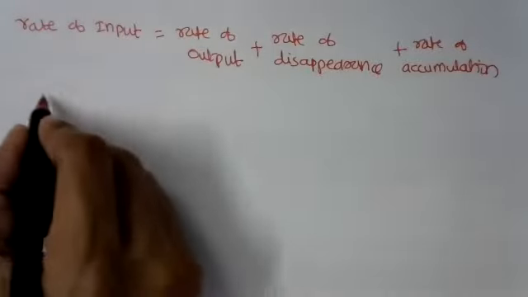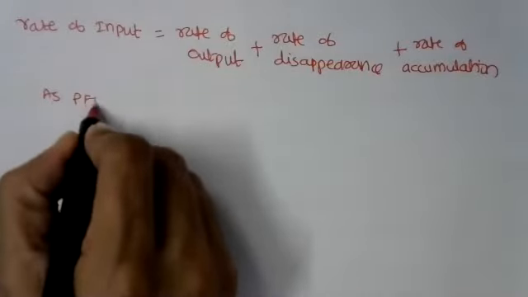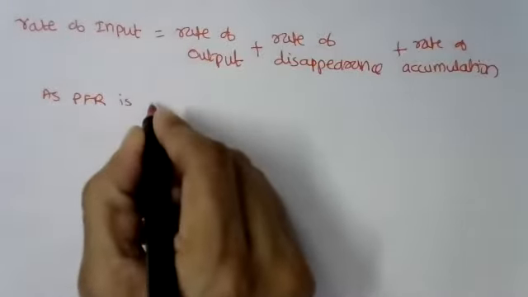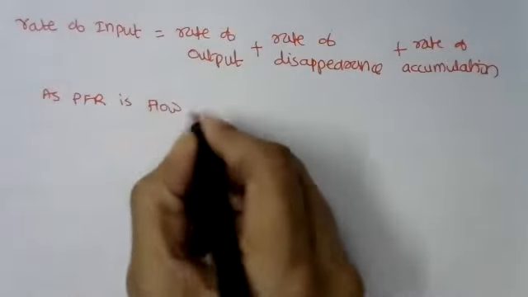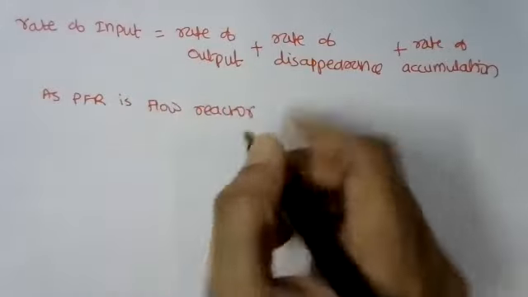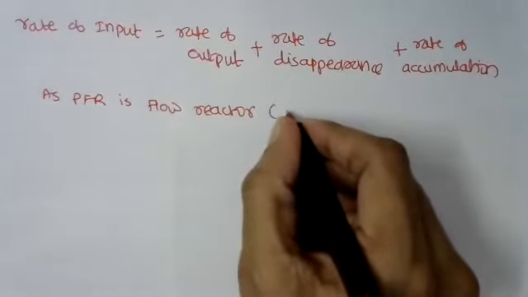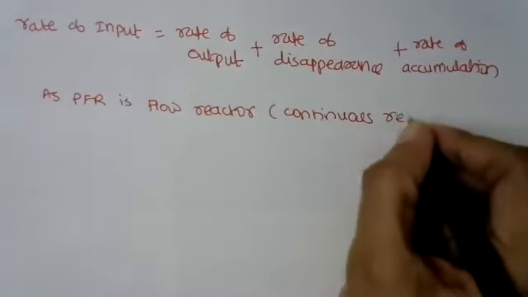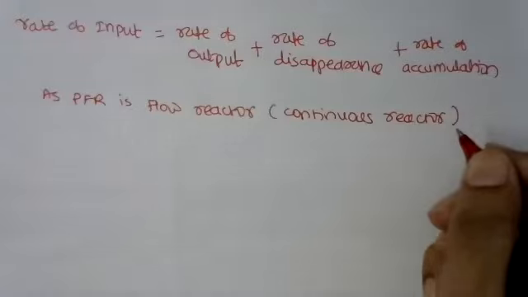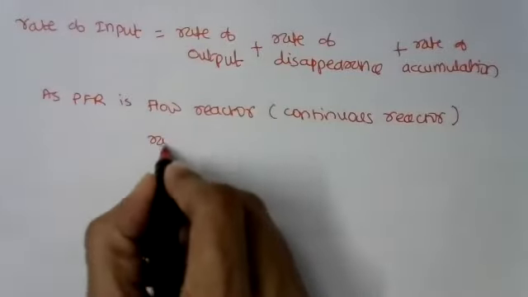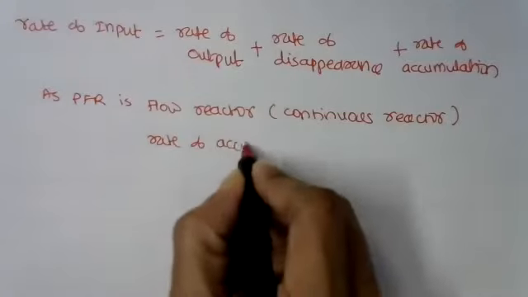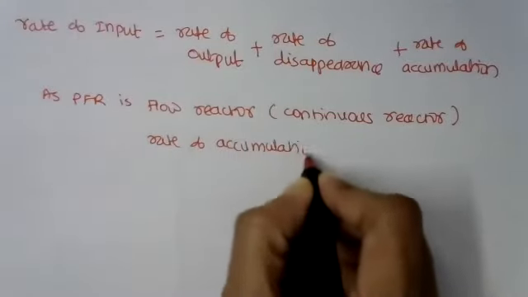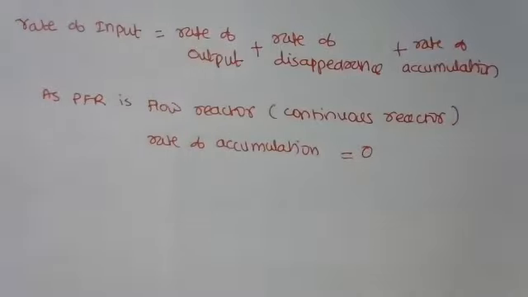Now, as PFR is a flow reactor, it means a continuous reactor, so rate of accumulation is equal to 0. Let us consider this as equation 1.